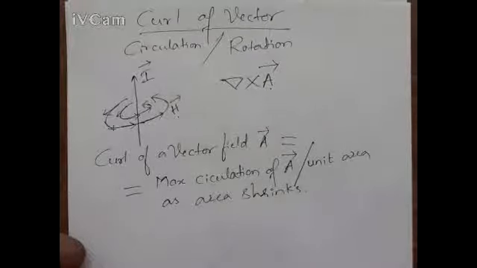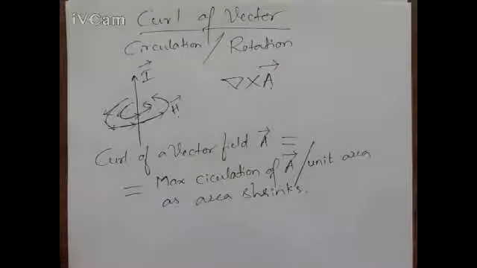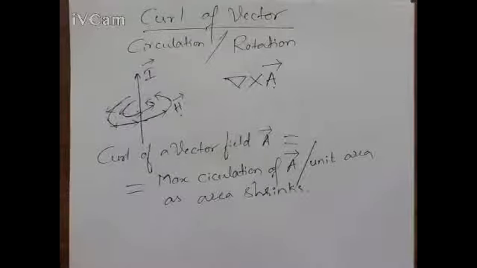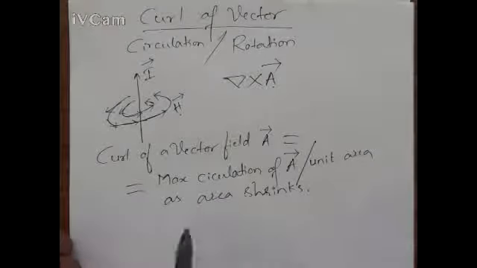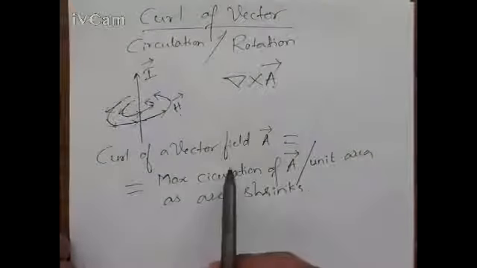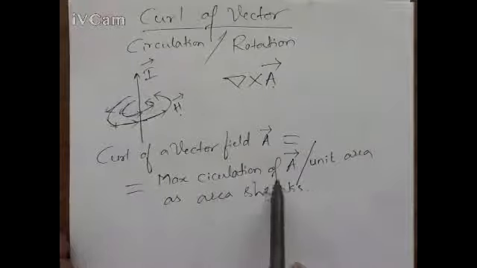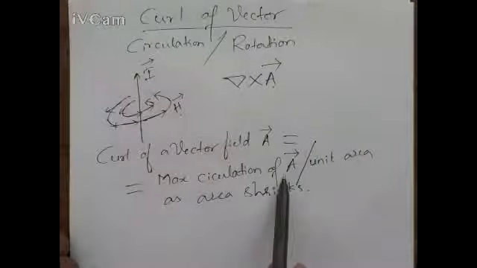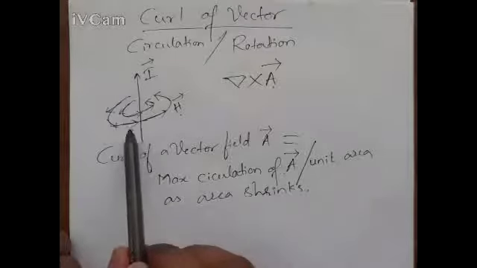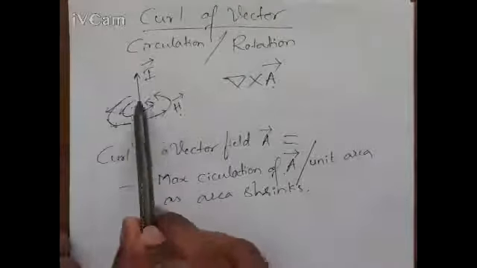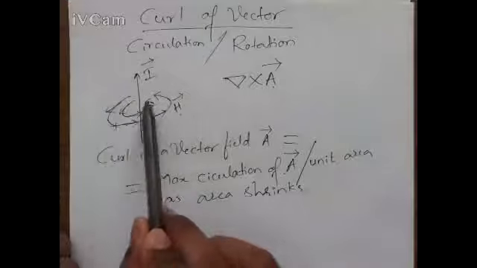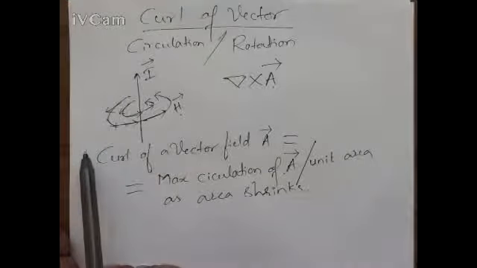Yesterday we saw the divergence by taking the charges inside the box as the box was shrinking. Here, the curl of a vector is defined as the maximum circulation of a vector A. If I take this vector H, it is the maximum circulation of the vector H per unit area.